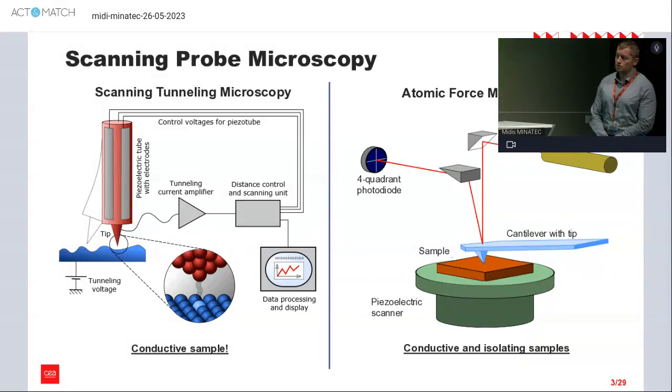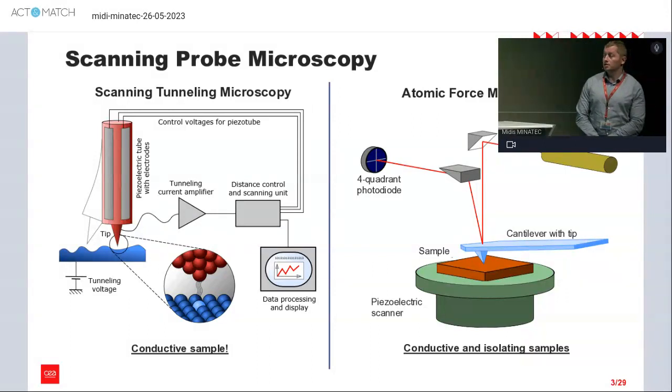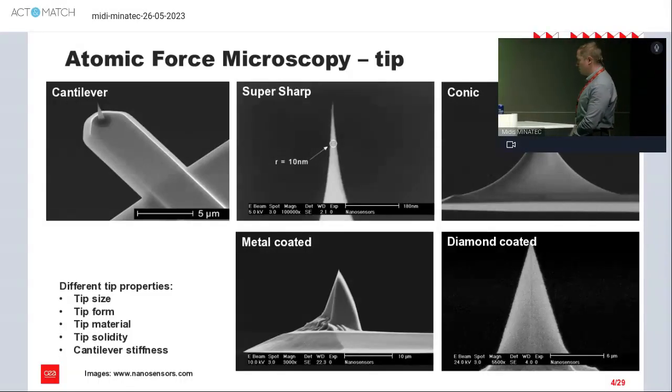But this detection system already makes the difference that in STM, we must have a conductive sample. In AFM, we can scan both conductive and isolating samples. The main part of AFM giving local resolution is the tip with a cantilever.